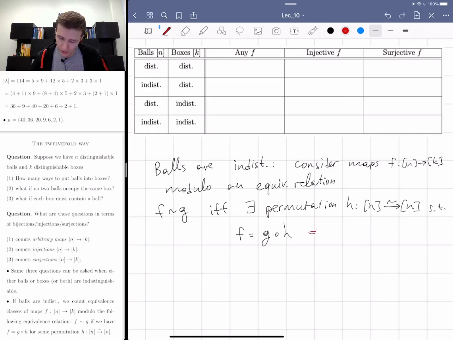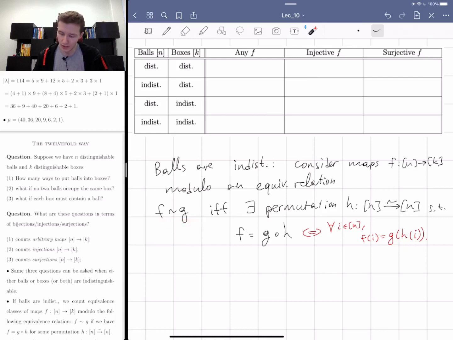This is equivalent to saying that for each i in bracket n, f of i is equal to g of h of i. And then I say that f and g are equivalent.